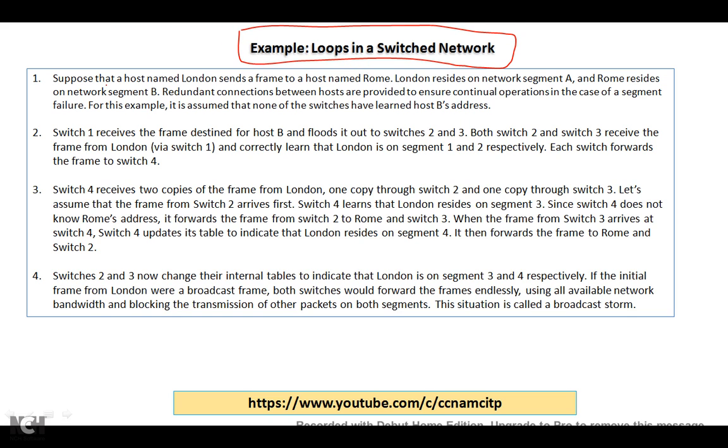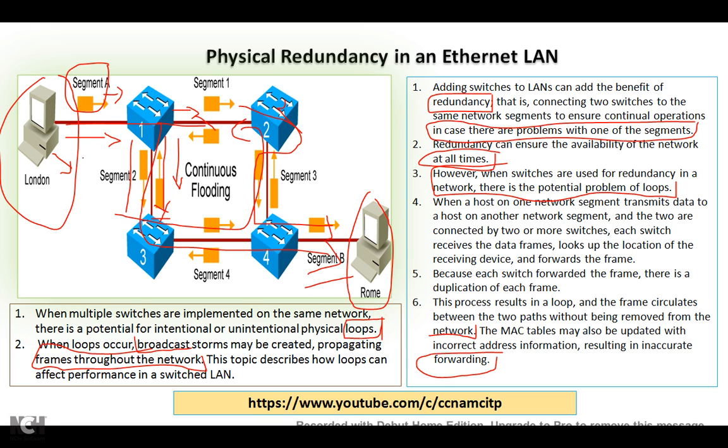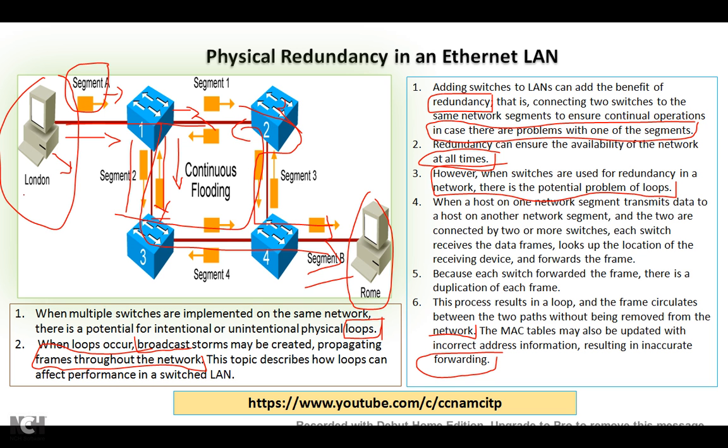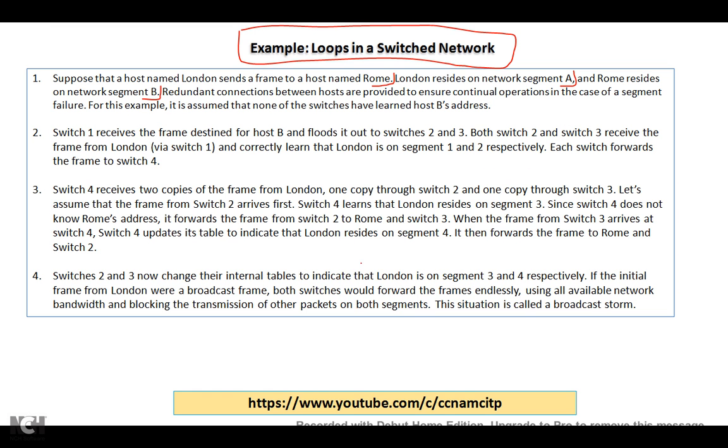Suppose that a host named London sends a data frame to host Rome. So I have London here and it is sending data to Rome. London resides on network segment A, and Rome is on segment B. As you can see here, we have London in segment A and Rome in segment B. Switch 1 receives the frame destined for host B and floods it out to switch 2 and switch 3.